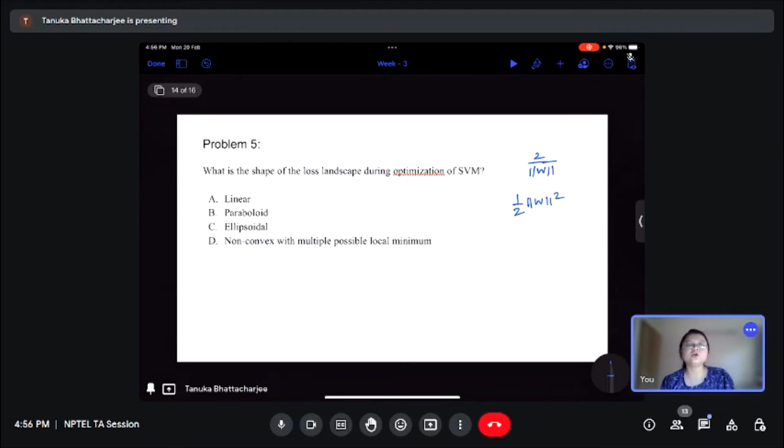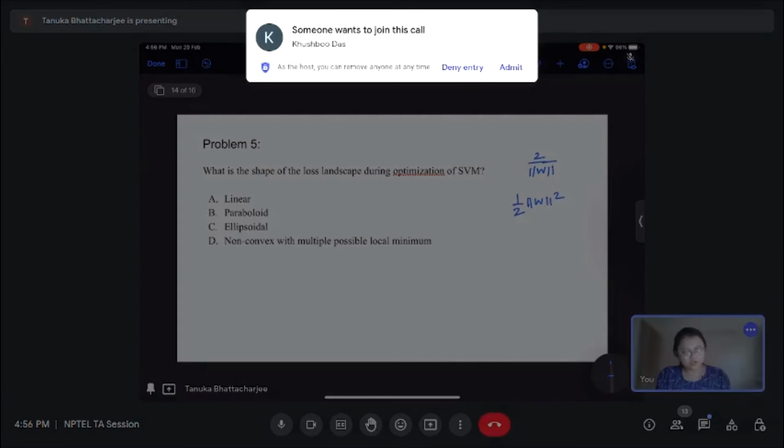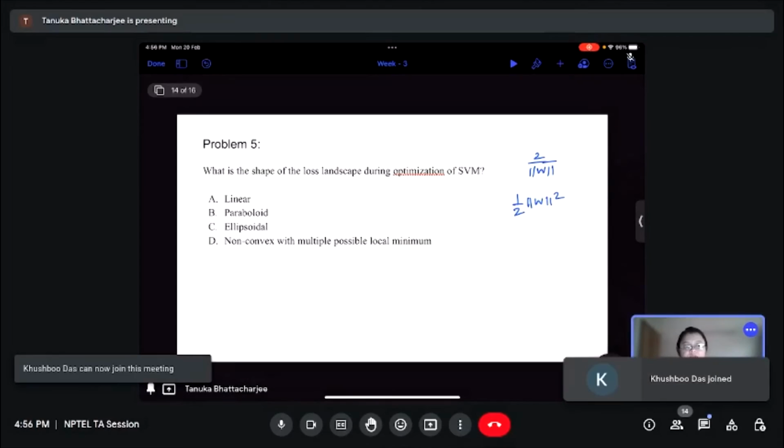So we will have to minimize norm of W squared divided by 2 in this case. This you can write as W transpose W.